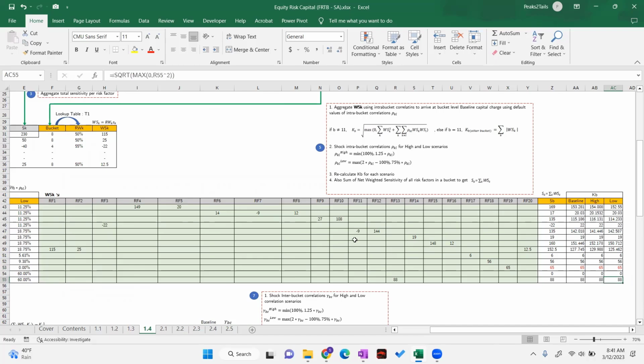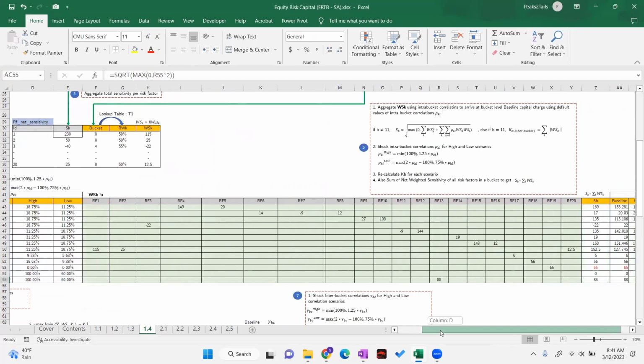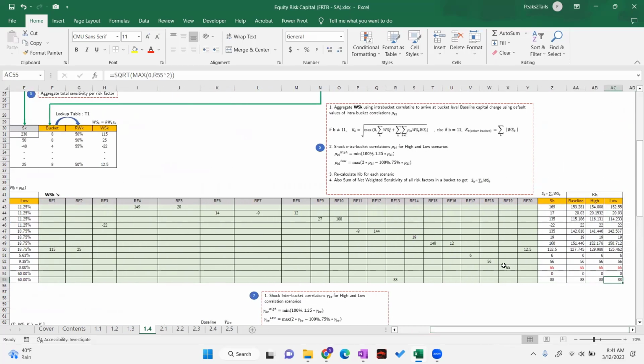Till this point, is everything clear? Any questions? We have only a couple of steps remaining. Oh yeah, there is one more thing. We need this also. This is just a pure sum across risk factors, but in the bucket, just a pure sum of all the weighted net sensitivities.